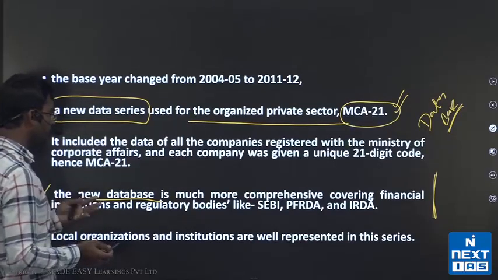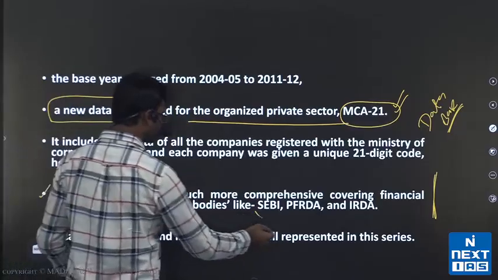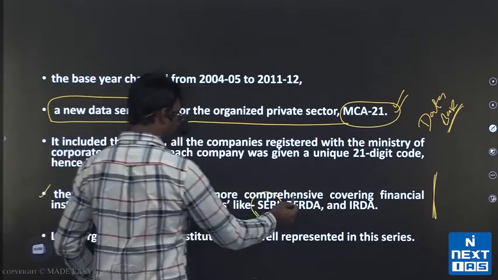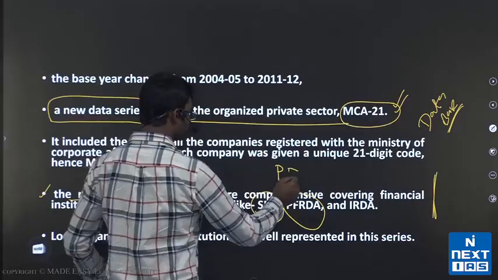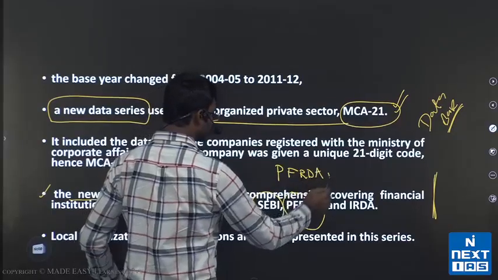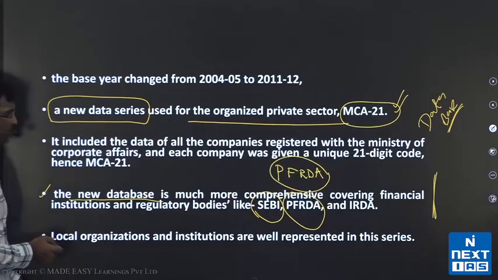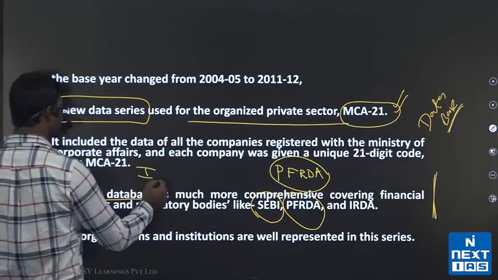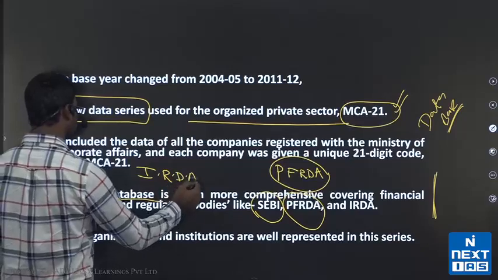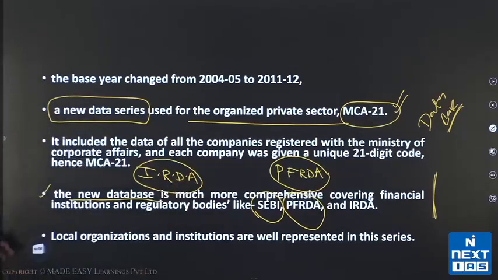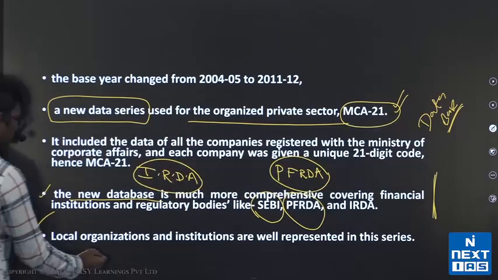So we have various regulatory bodies like SEBI, we take data from SEBI, PFRDA, Pension Fund Regulatory Development Authority, IRDA, Insurance Regulatory Development Authority. So we take a new database which is more comprehensive, covering finance institutions and regulatory bodies like SEBI data, PFRDA data, IRDA data.